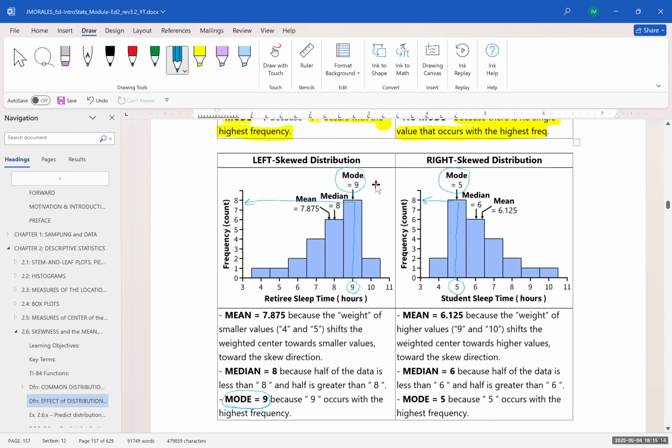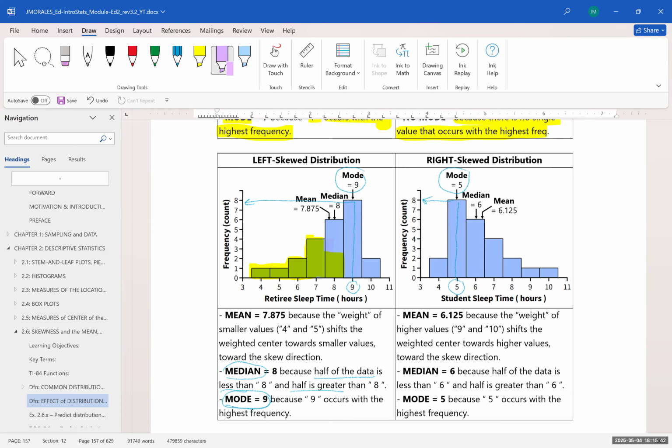Now, what about the median? Well, remember the definition of the median is that half of the data is less than a certain value and half is greater. So half of the data would be 1, 4, 1, 5, 2 6s, maybe 4 7s, and maybe some of these 8s.